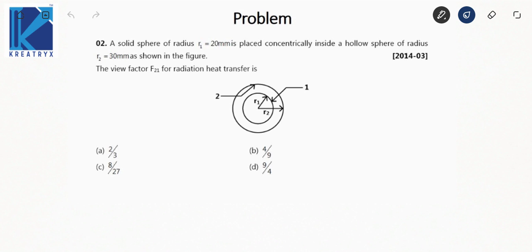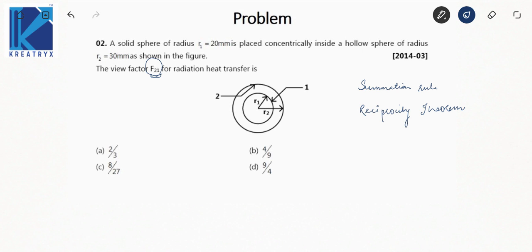As I've told you earlier, always remember those two rules: the summation rule and the reciprocity theorem.